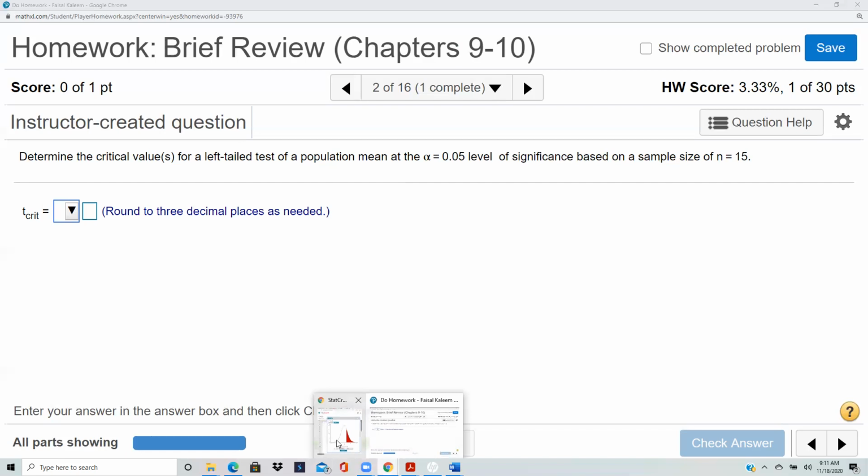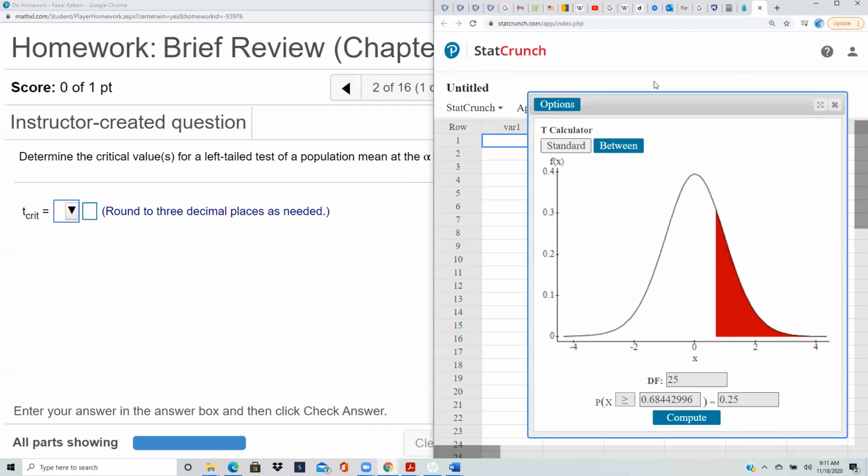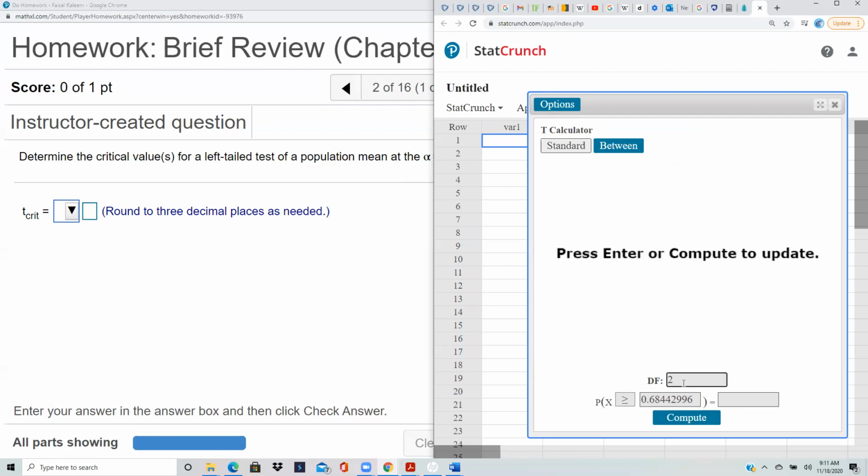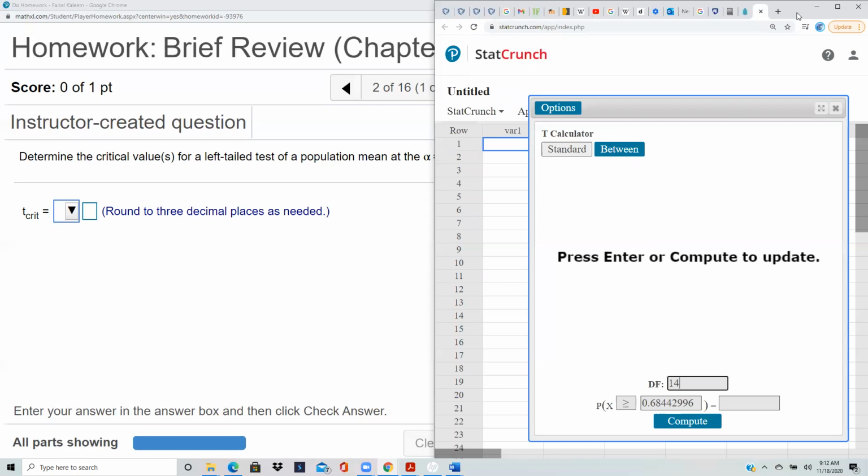The sample size was 15. So wouldn't we do 1 less? Right, so it would be 14. Degrees of freedom 14, and then what else? We'll put the number they gave us for alpha in the area box. 0.05.